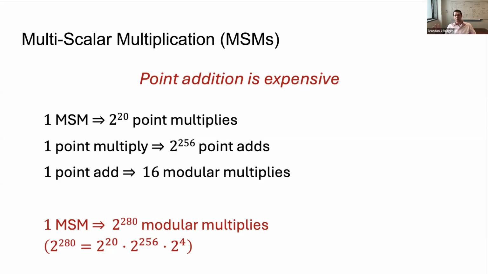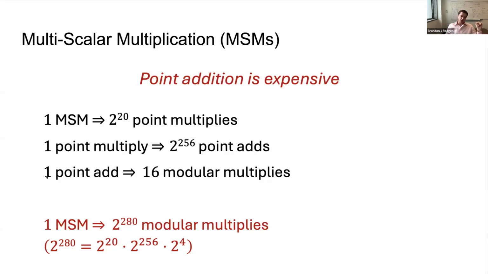We'll go up to like 2 to the 30. So this is actually in some sense a conservative number, but it's fine for now. And then for every point multiply, remember, each of those scalars is 256 bits. So you have to add those points that many times. So you potentially have to do 2 to the 256 point adds per point multiply.